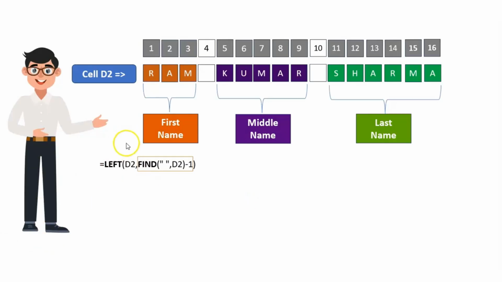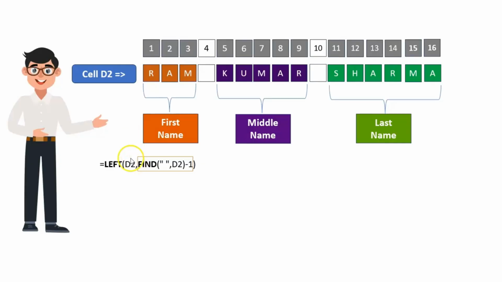In our case, it is D2, which captures the customer name from where the extraction has to happen. The second argument defines the number of characters that need to be extracted from the beginning of the text, or we can say that it defines the length of the first name of a given customer name.